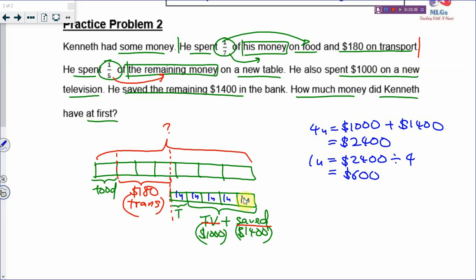So can you find how much is the remainder here, which is 5 units? So 5 units will be 600 times 5, that will be $3,000. And whatever answers you have found, you add on to your model. And these are the steps that give you the marks, right?